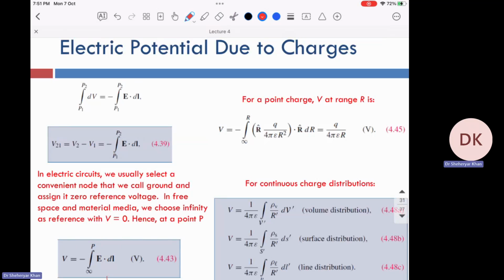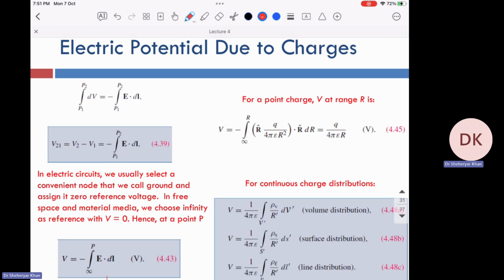Now you can also prove the concept from this formula. Voltage equals Q over 4 pi epsilon R. That means voltage is a function of charge and distance. If you move away from the charge, the voltage decreases, right?